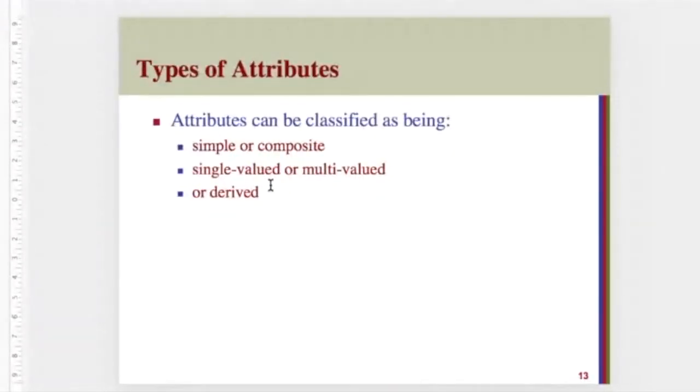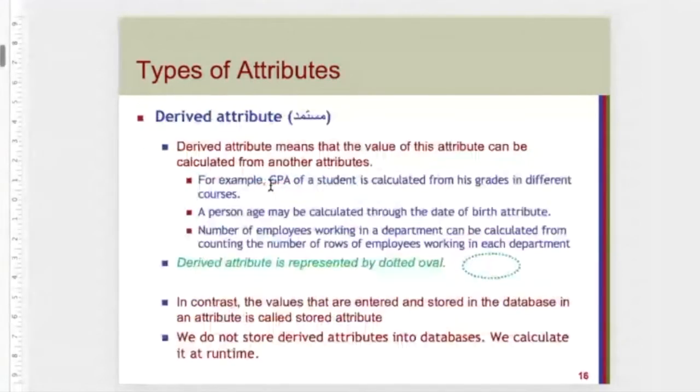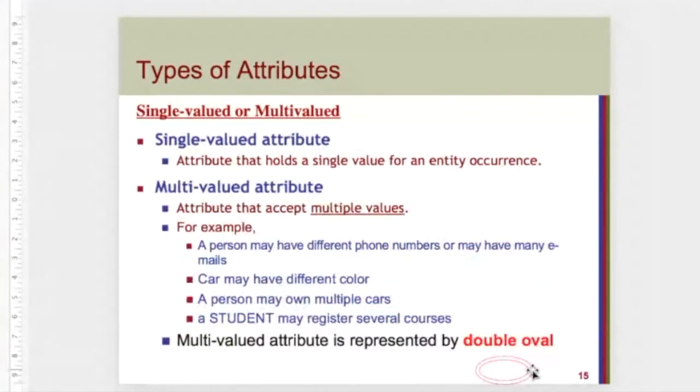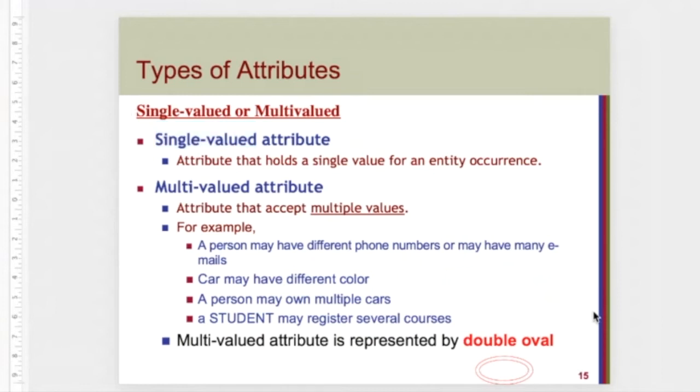Then we saw different types of attributes, including simple or composite, single valued or multi-valued, or derived attributes. Then we saw if an attribute is multi-valued, we represent it with a double oval. As normal, all single valued attributes are represented by a single oval, and multi-valued ones are represented by a double oval. Double oval means more than one value. It can be 2, it can be 3, or even more.